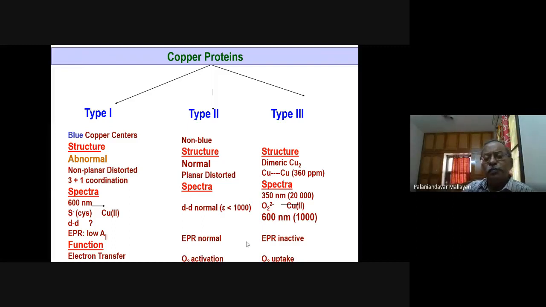Now you understand the important point that copper proteins perform not only the electron transfer function, but also the dioxygen activation function. This is a very interesting topic: that is how copper proteins are classified into several classes.